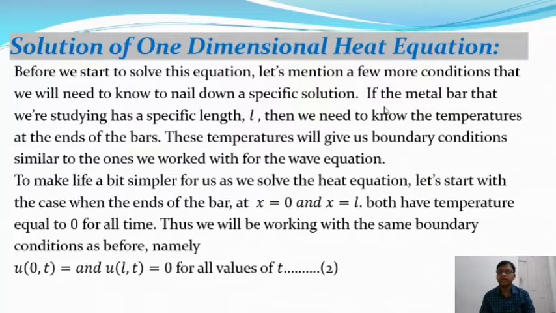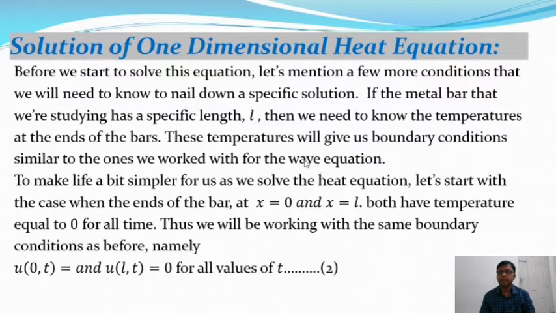If the metal bar that we are studying has a specific length, say L, then we need to know the temperature at the end of the bar. The length of this metal is L, and we are going to find the temperature at the end of the bar.